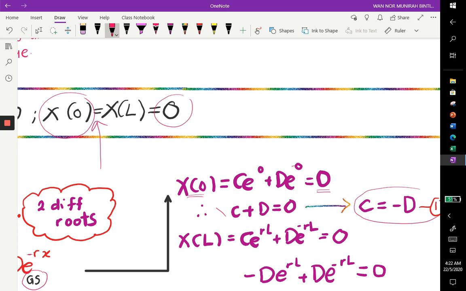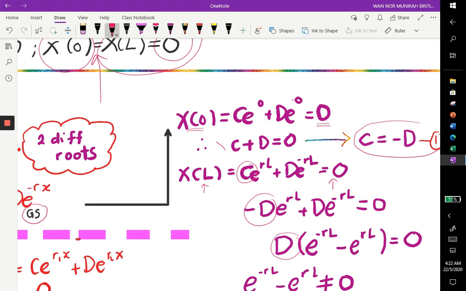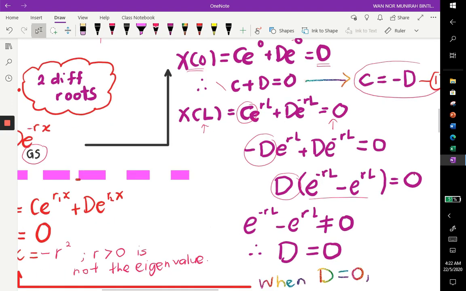The second condition is when small x equals L, x(L) equals 0. So I substitute: C e to the rL plus D e to the negative rL equals 0, where C just now is negative D. So I factorize the D. Note that the left hand side of our equation must equal the right hand side.